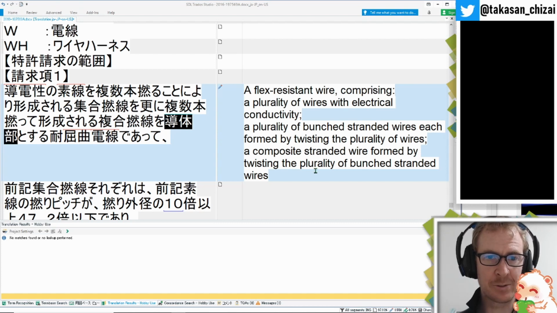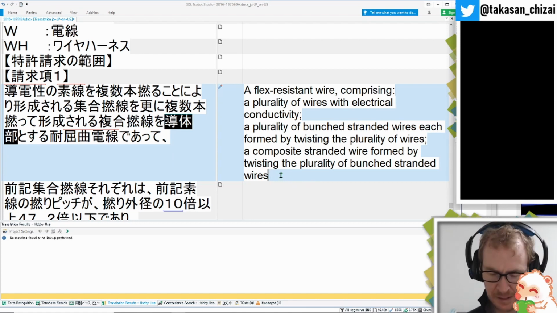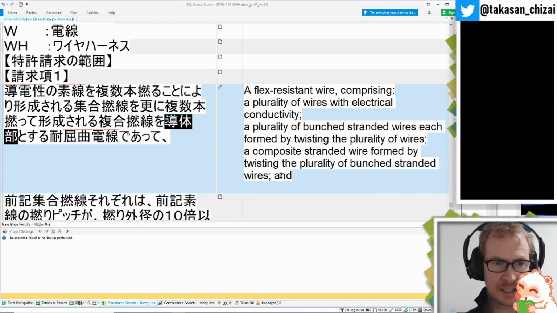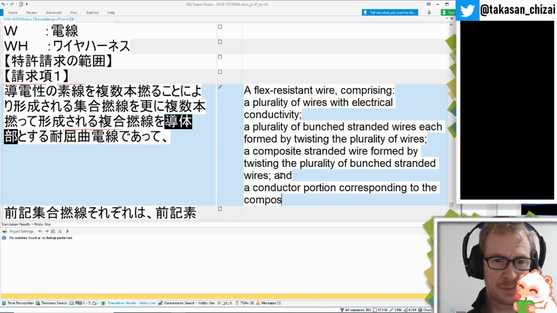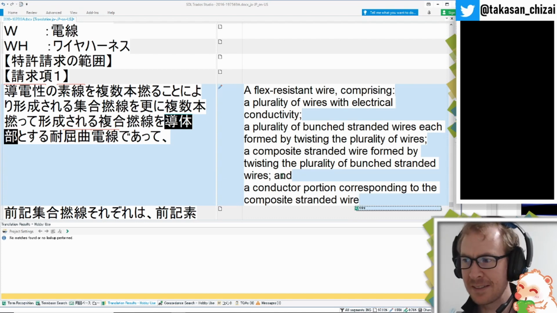How do we put that? We could say a conductor portion corresponding to the composite stranded. Is this one option?